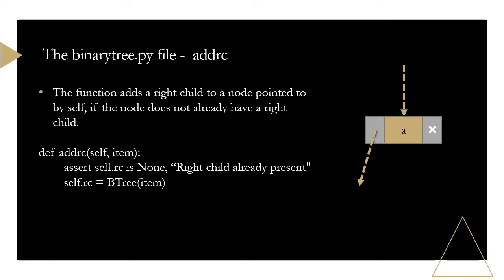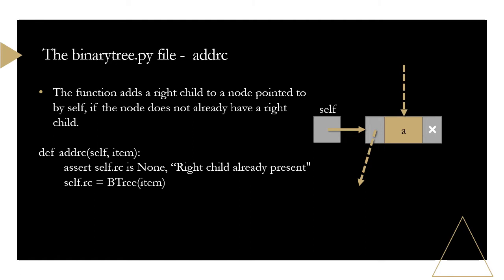Also, this node may or may not have a left child. I am not bothered with that. What I am bothered with is that the node pointed to by self must not have a right child, because if I add a right child to a node that already has a right child, the old pointer will be overwritten by the new pointer, which will lead to loss of information.